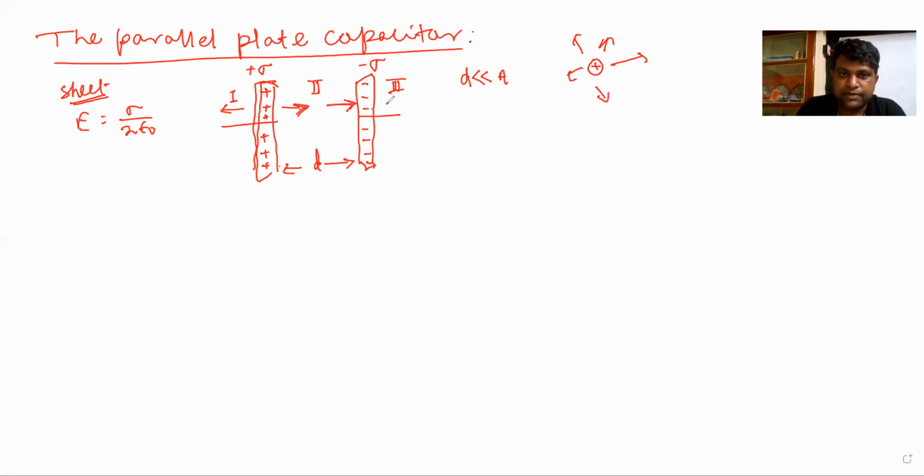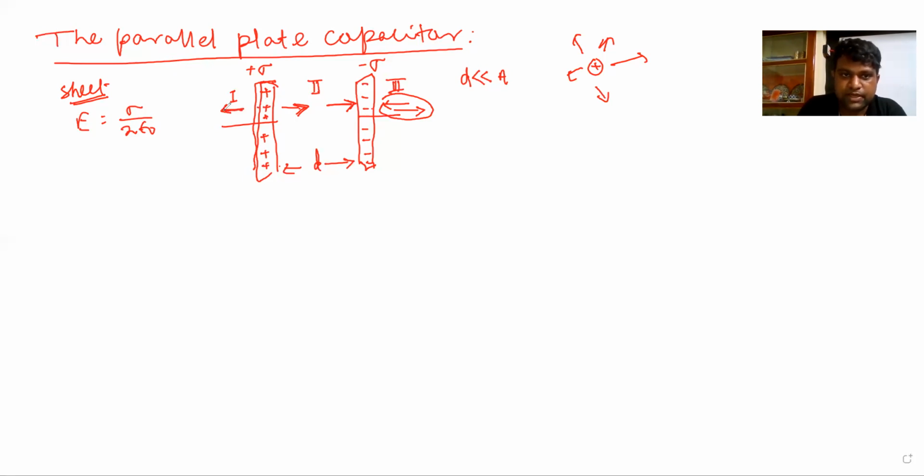Due to the negative plate, the field lines will be towards it, and due to the positive plate, the field lines will be outward. Now they will cancel out, because they are the same in magnitude and opposite in direction. Same in region 1 also.